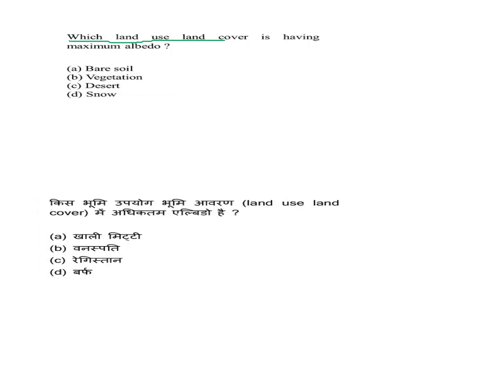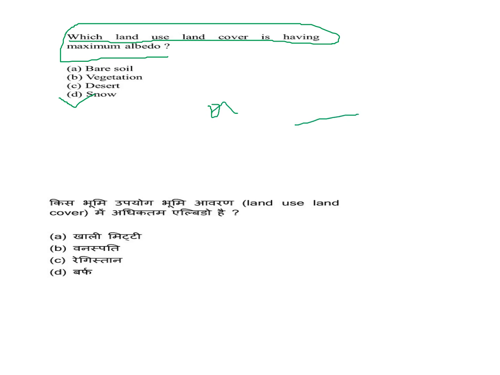Which land use land cover has maximum albedo? Always remember, bright, light colored surfaces will reflect more light and have higher albedo than dark colored ones. Among these, the brightest is snow.